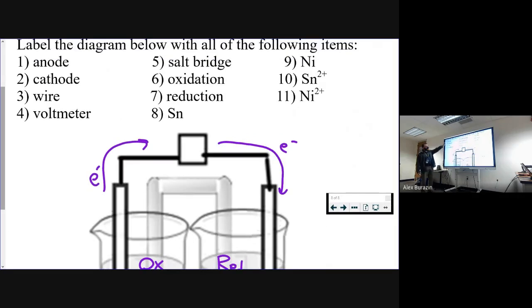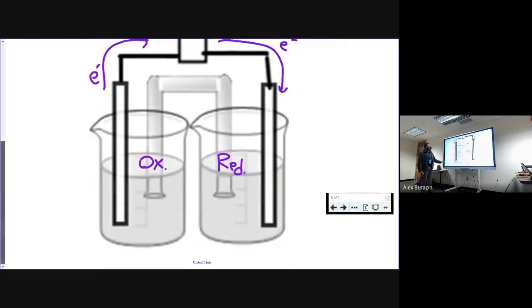I've got nickel, and I've got nickel 2+. How do I label that? Just throw it in the left beaker. So the nickel 2+ is aqueous, meaning it's in solution.